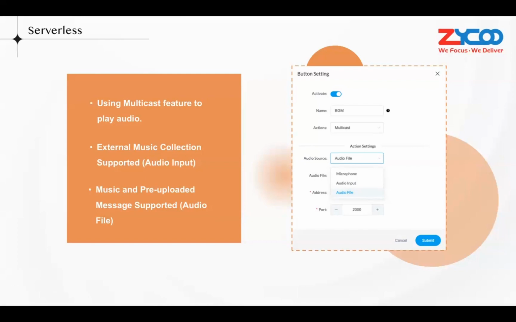The audio files, including some music or pre-recorded messages, can be conveniently stored in the built-in 32 gigabyte TF card. And after storing them, you can just invoke them in this audio file option.